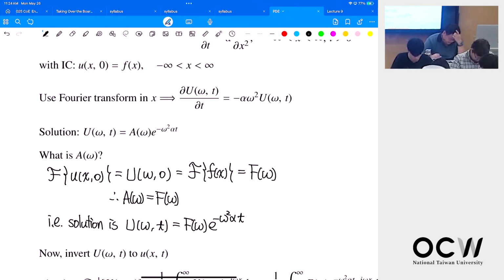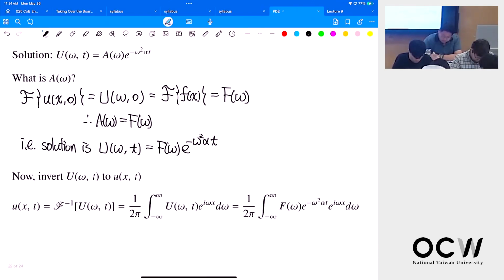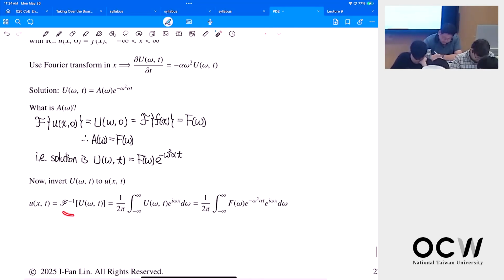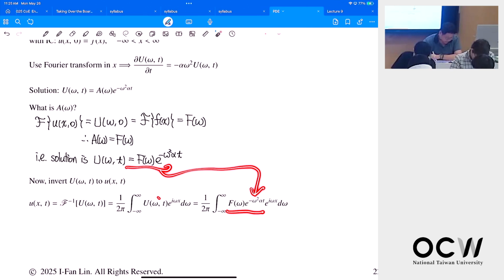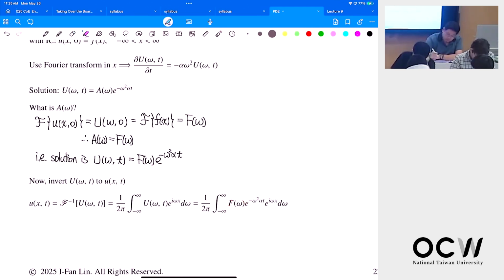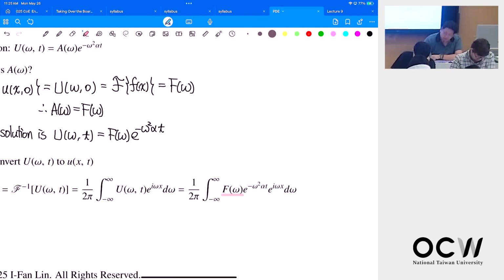So let's take the inverse Fourier transform. To take the inverse Fourier transform, that'll be 1 over 2 pi times the integral of u times exponential i omega x. And then we know u of omega, t here. And what is F of omega? F of omega is the Fourier transform of f of x, right?